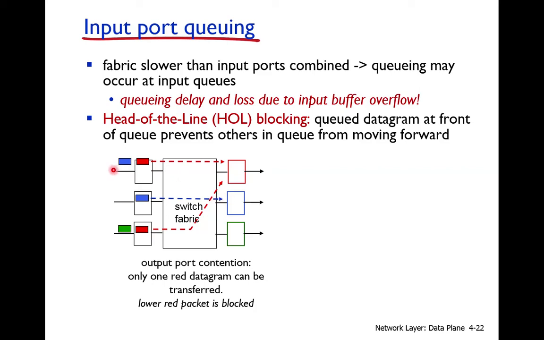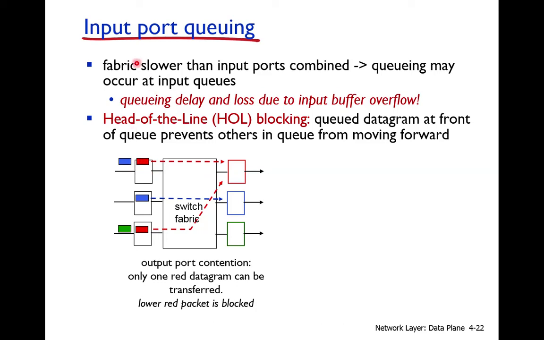For example, four packets arrive in a second at an input port, and one packet is forwarded by the switching fabric from input port to output port. So three packets will be stored in the queue.